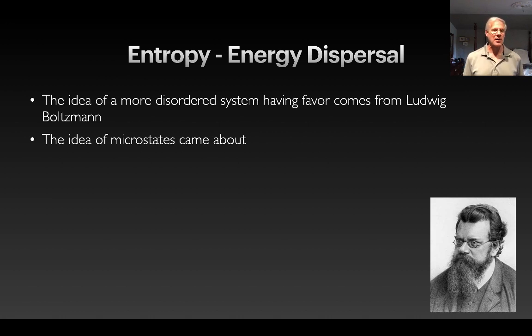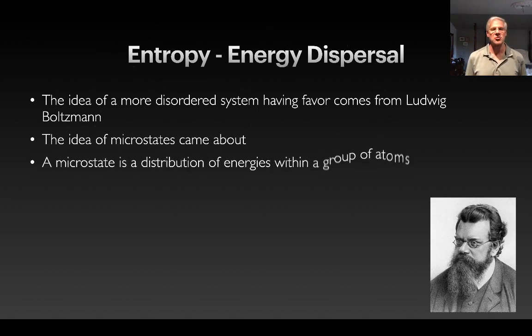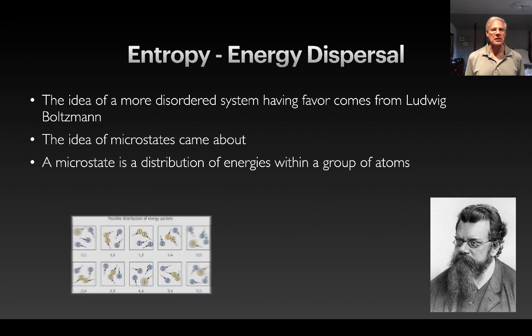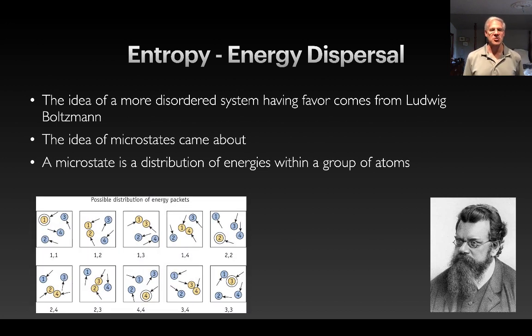And he created this idea of microstates. And so a microstate is really a distribution of energy within a group of atoms. So if we had, like, 4 particles and we had 2 packets of energy to distribute among them, we can see how there's 10 different ways to distribute those energies.